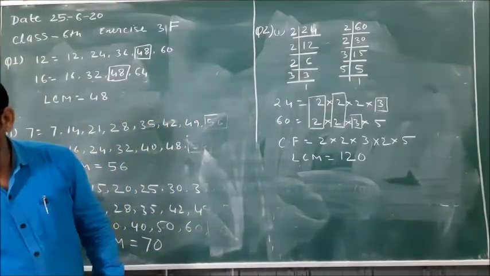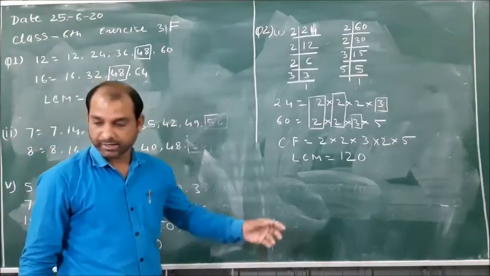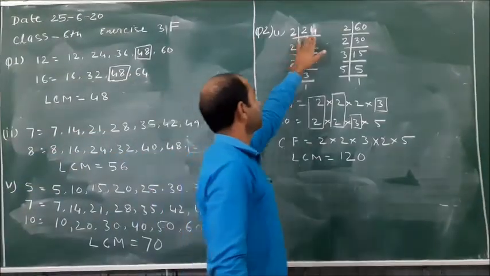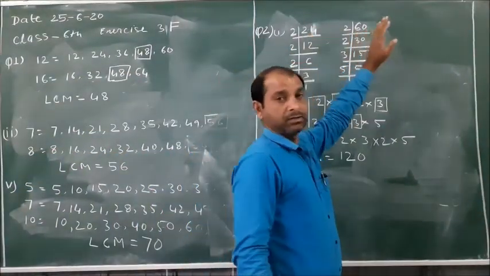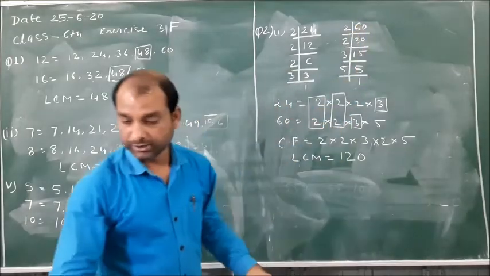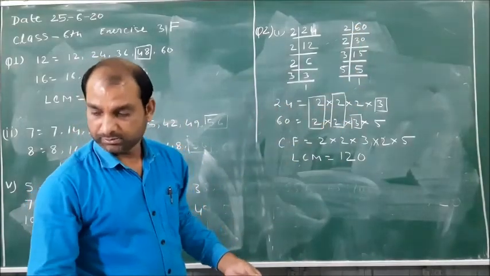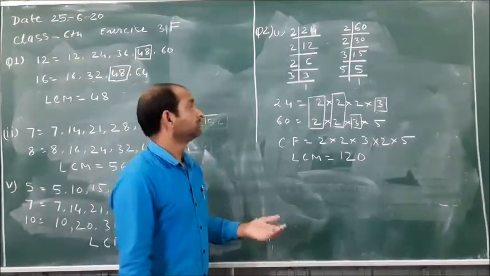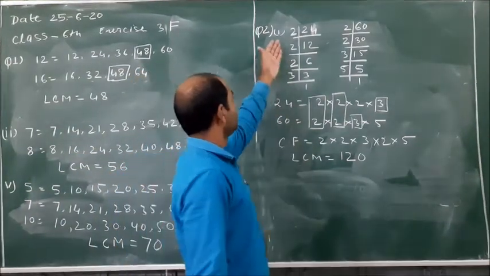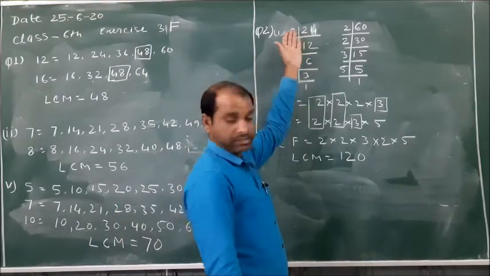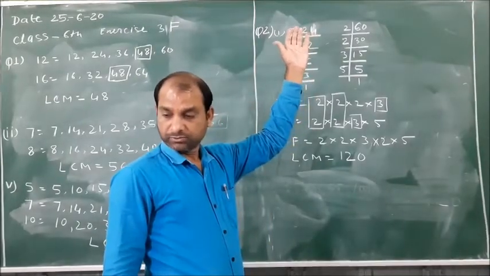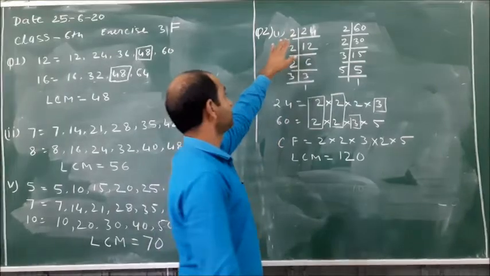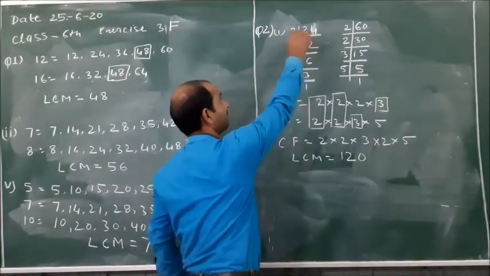Question number second, 24 and 60. Last time I told you in the exercise 3, in this chapter 3. Today I will tell you exercise 3F once again. Question number 24 and 60. First we divide by 2.